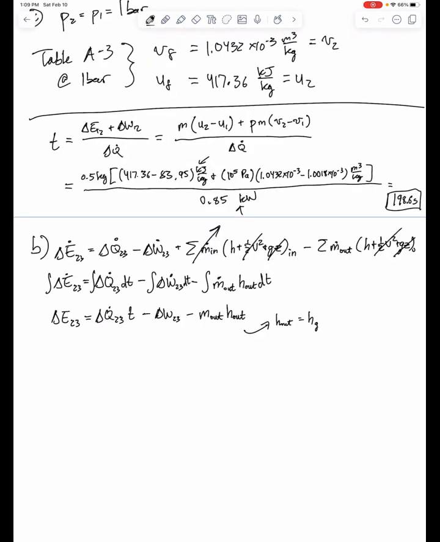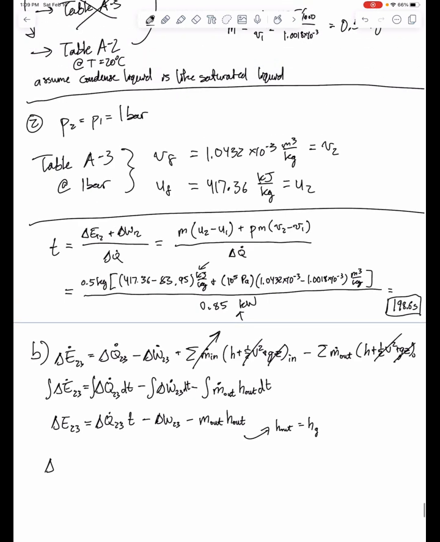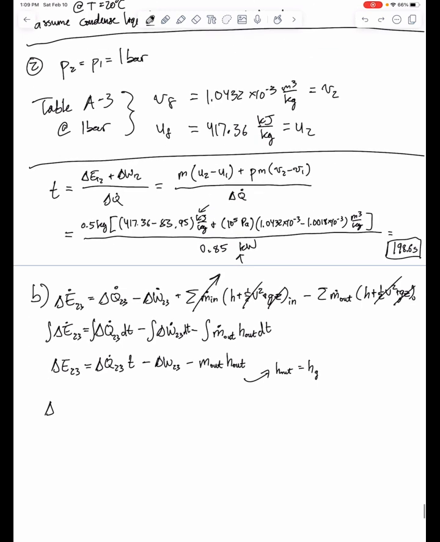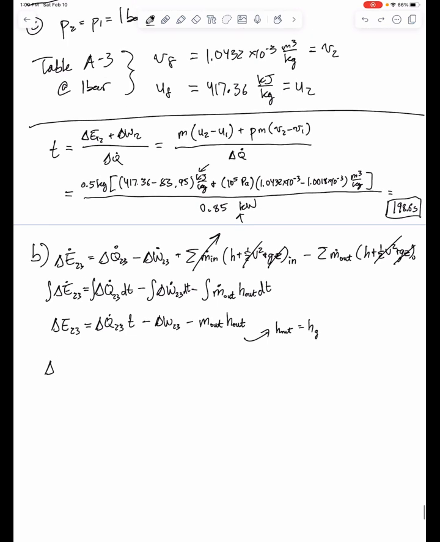So I'm going to now break down this equation we have up here into values that we can get from either steam tables or calculations. So I'll break down the energy first. In this case, we can't really use the form we used up here, where it's just mass times a change in internal energy, because now our mass is also changing. So we're going to represent it as the big internal energy. So, not change: the difference between big internal energy at 3 minus that at 2.